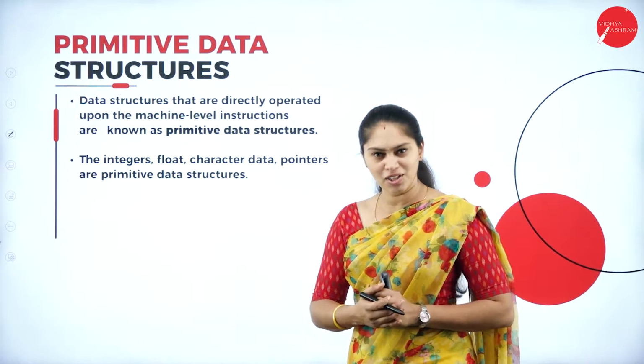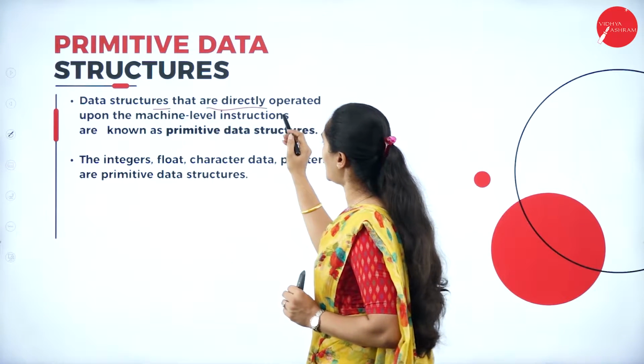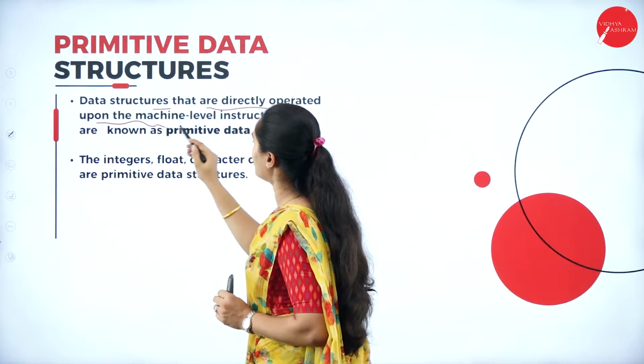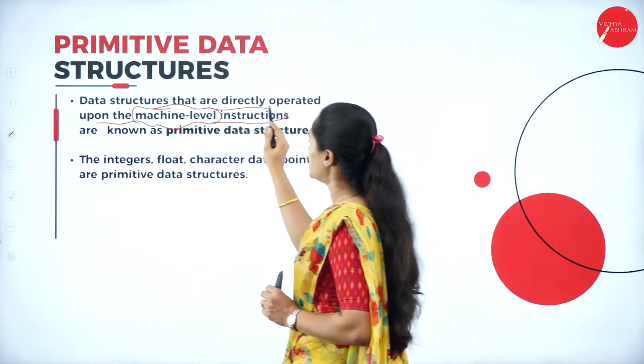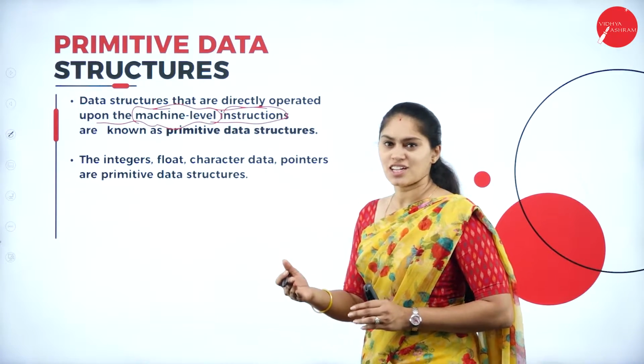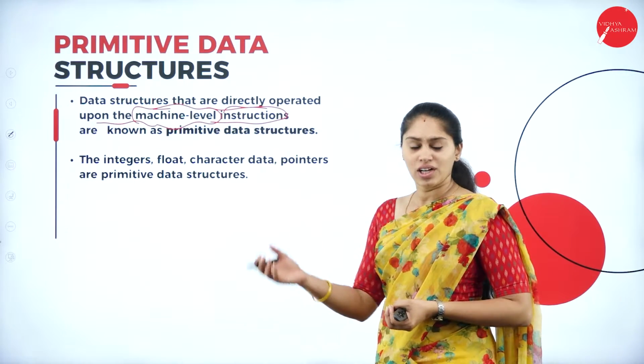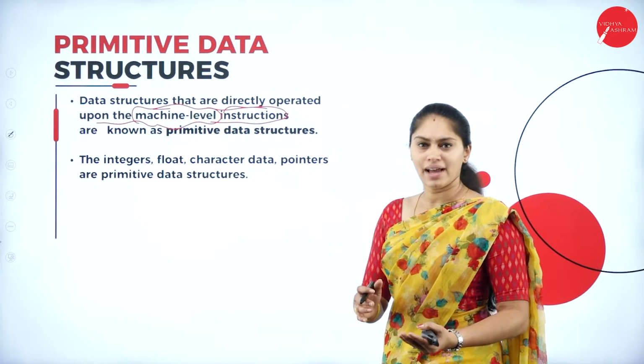Then how will these primitive data structures work? We'll see now. These are data structures that are directly operated on by machine level instructions. That means it will operate in terms of zeros and ones. I need not convert anything, so it is compiler generated.